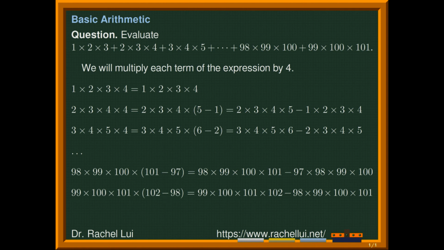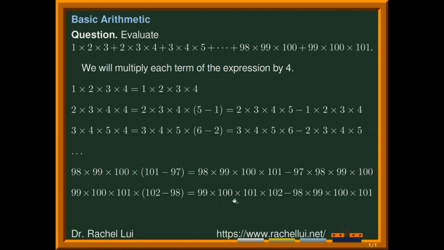By the distributive law, I have 99 times 100 times 101 times 102 minus 98 times 99 times 100 times 101. So we are supposed to add all these numbers up, and we can see that these terms can be cancelled out. These two terms can also be cancelled out.